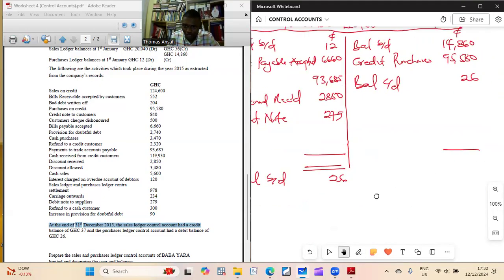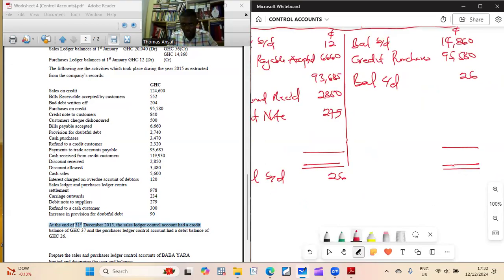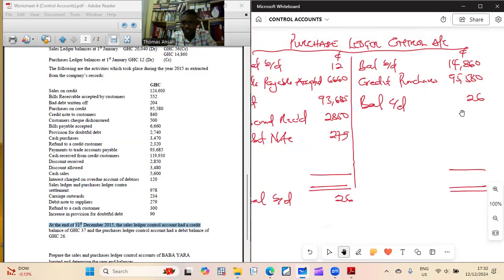So now, as we are done, let's total it quickly. If you take this side, obviously, which side will be bigger? This side will be bigger. So 14,860 plus 95,580 plus 26. That gives me 110,466. Then here 12 plus 6660 plus 93,685 plus 2850 plus 279.